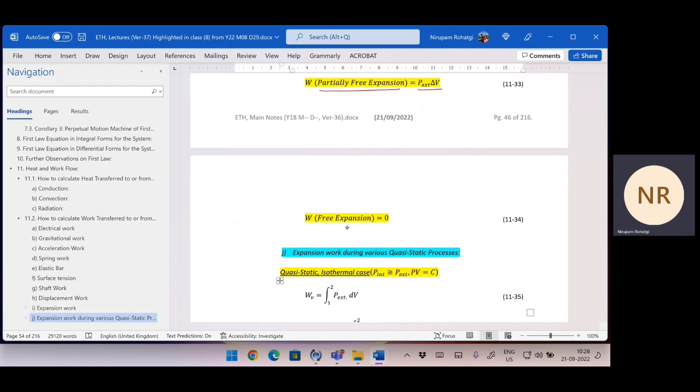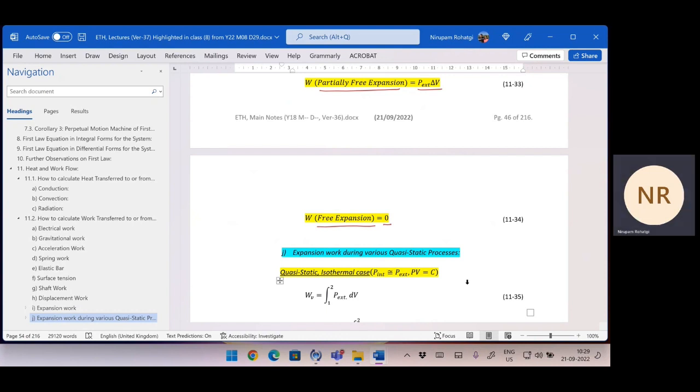But there is something called free expansion. That means there is nothing outside. The outside is vacuum. If the outside is vacuum, the work done by the system on the surroundings is zero. So if you take a case where P external is zero, and I tell you the piston has moved from place 1 to 2, that is, volume has changed from V1 to V2, what is the work done by the system?